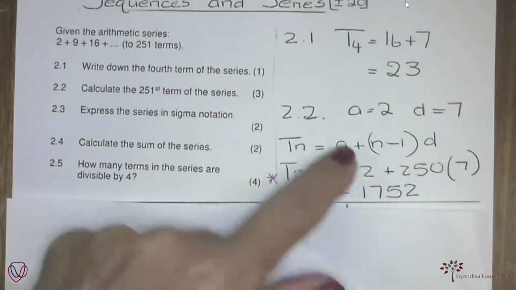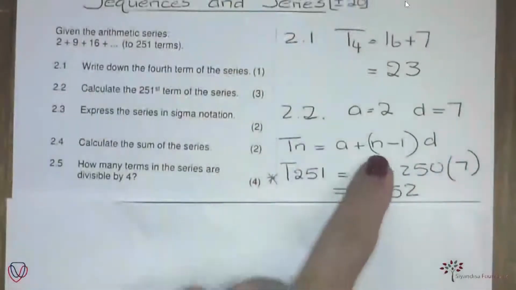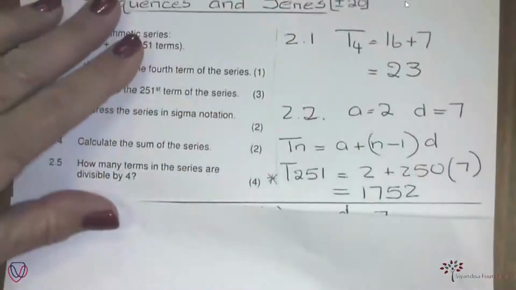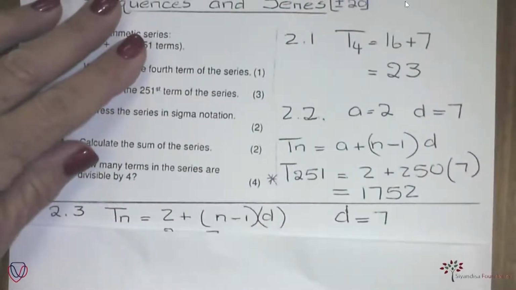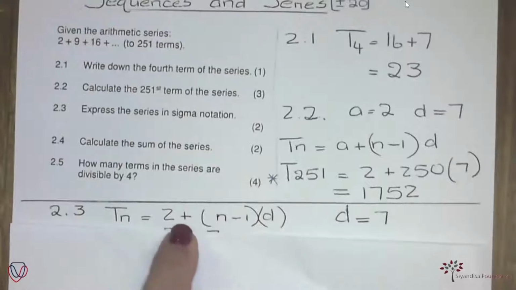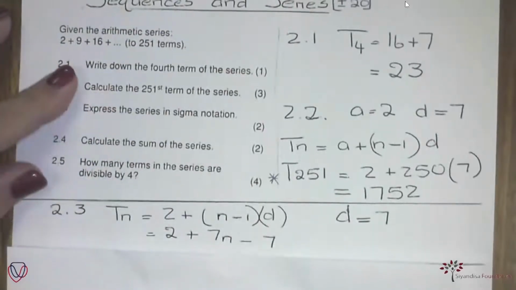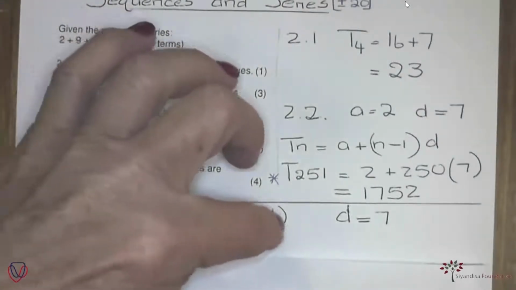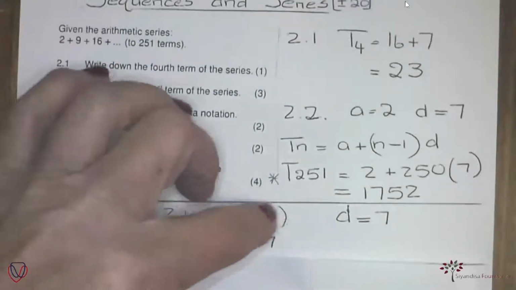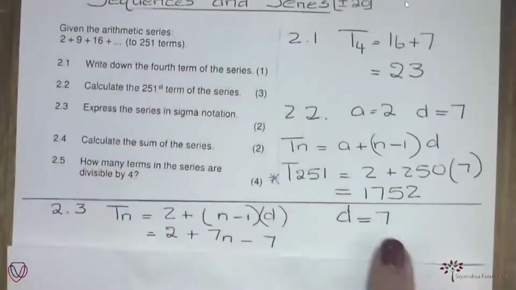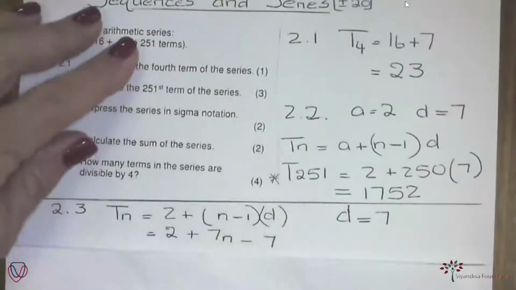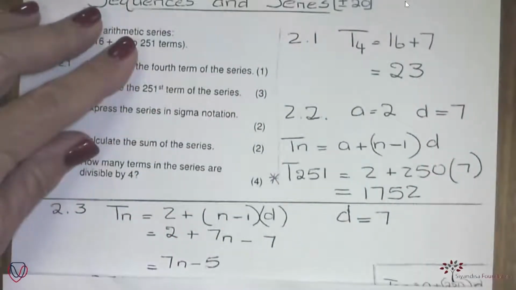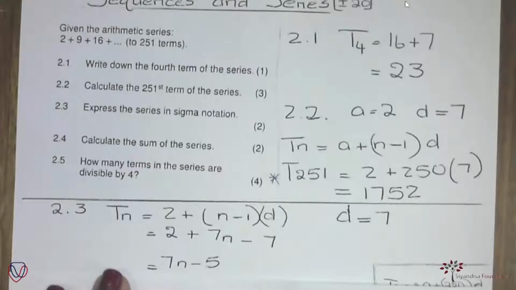You can put the A in there, you can put the D in there, but the n should stay as it is. So there's your nth term. Let's simplify it. You're going to get 2 plus 7n minus 7, because d is 7. Right, people, then your nth term, Tn, is going to be 7n minus 5.